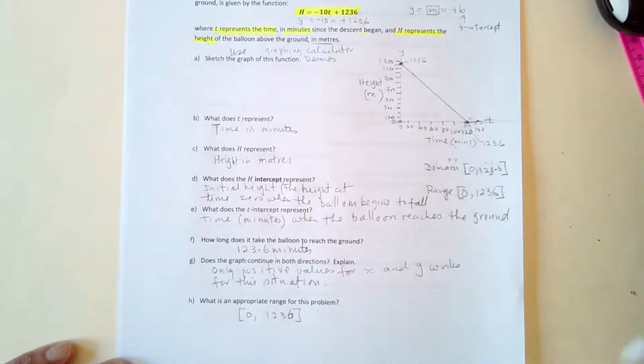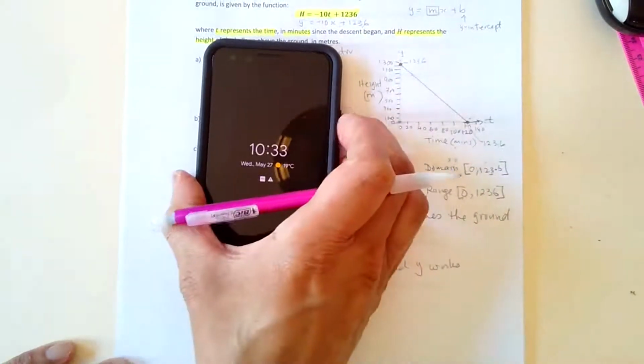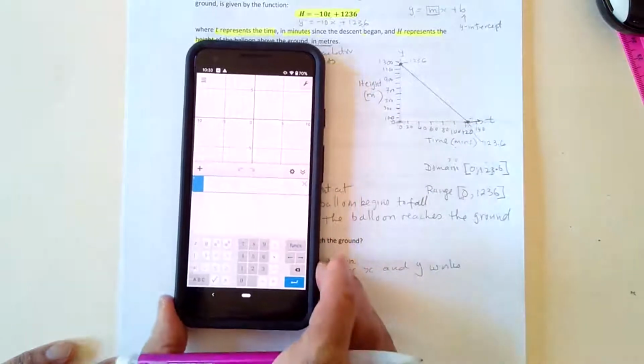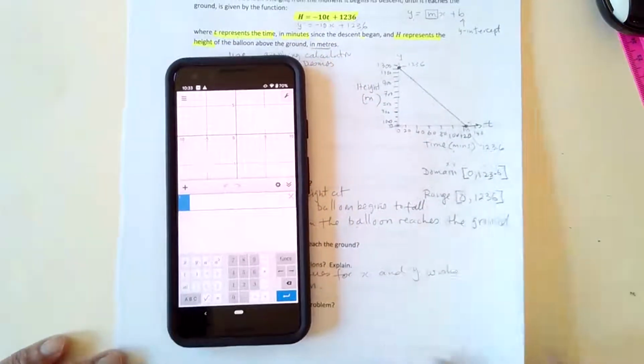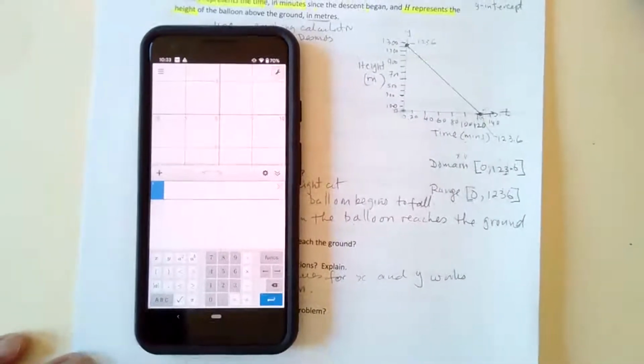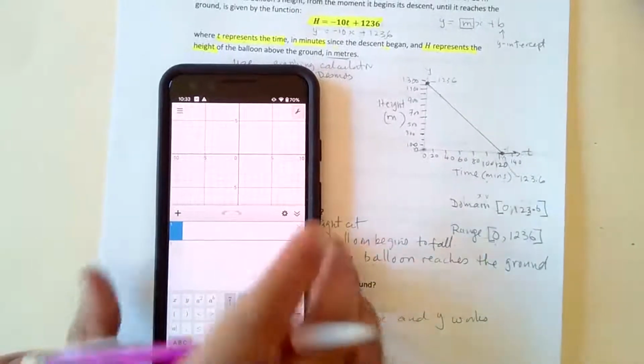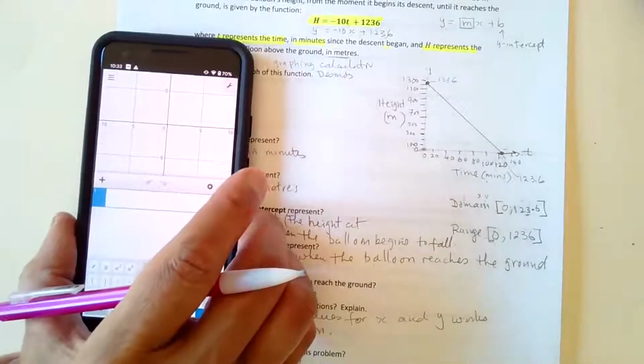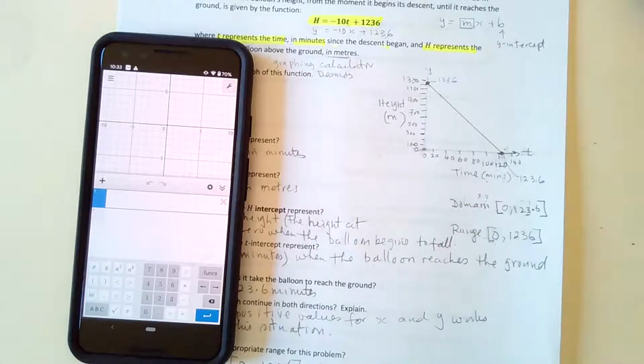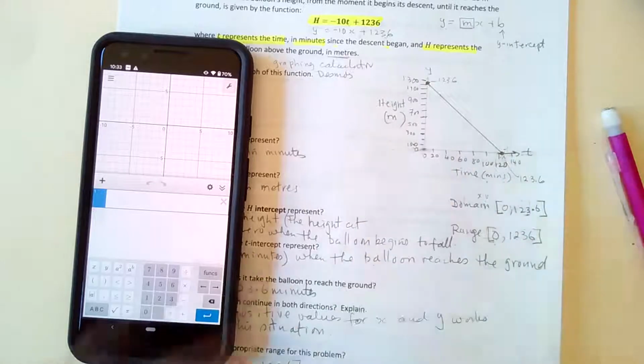For those of you using Desmos, let's go over that now. Since we have completed it for Desmos users, I'm going to zoom in a little bit more because I can. For Desmos, it's fewer steps.